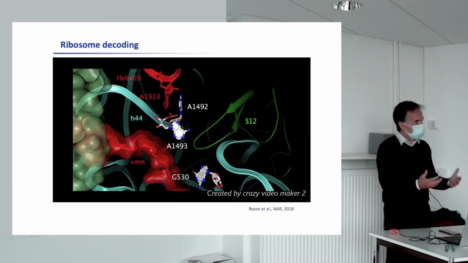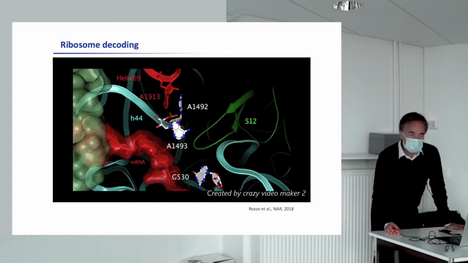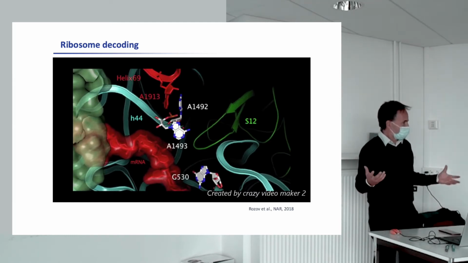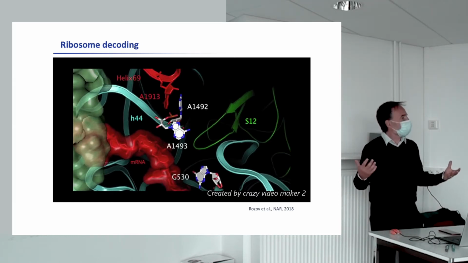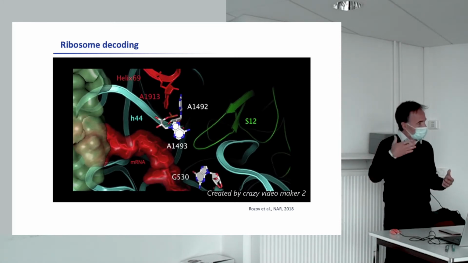They will switch position as soon as the tRNA comes into the A site. So this is the A site. It is still quite open, and it is ready to welcome a tRNA. But as you will see, very soon after the tRNA comes, it becomes very close.